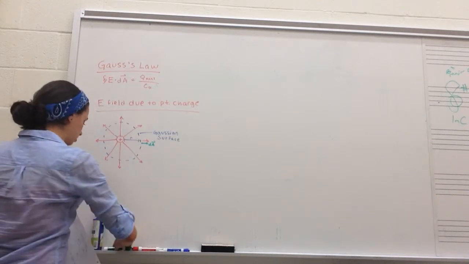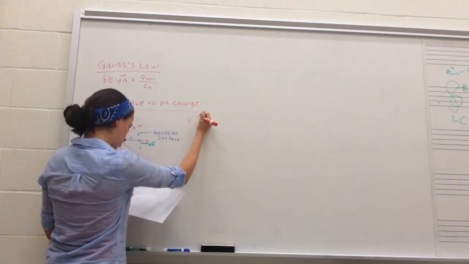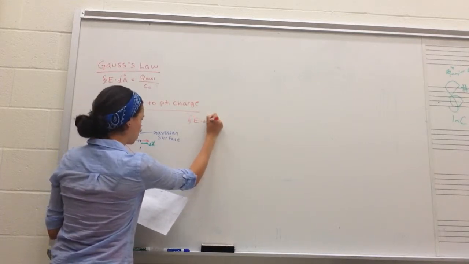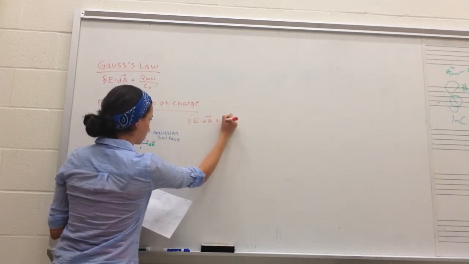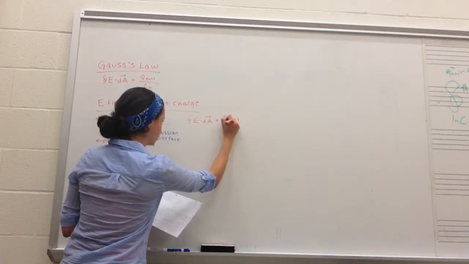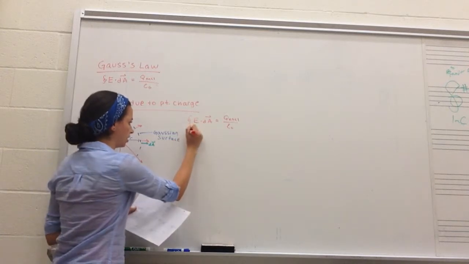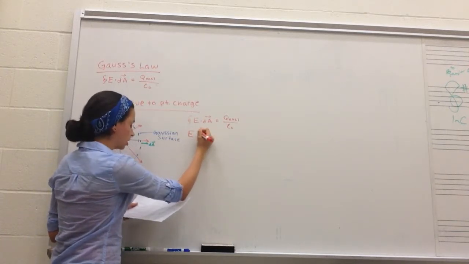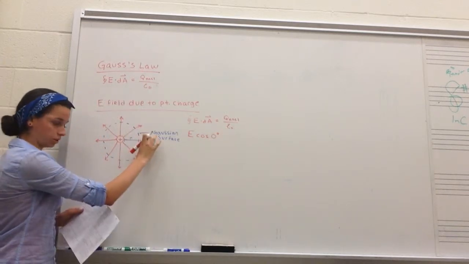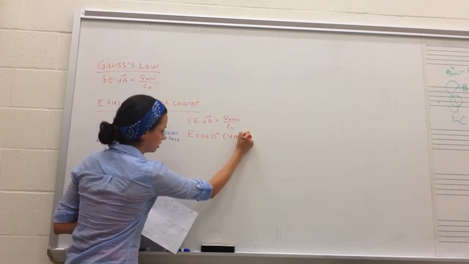Alright, so now I can rewrite our equation, because that's what we'll be using. Now we have the electric field, which is what we're trying to solve for, times cosine of 0, because like we said before, 0-degree difference, times 4 pi r squared.